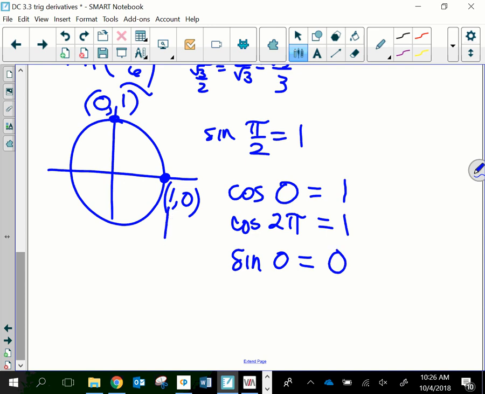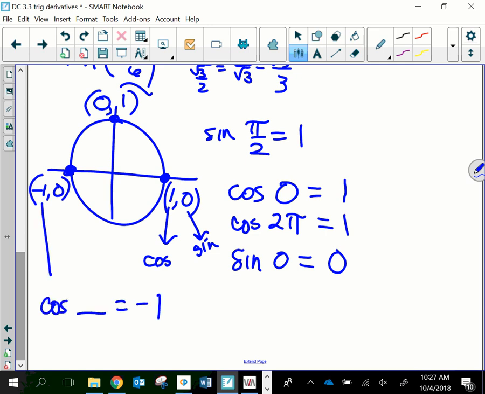Because, remember, cosine and sine in that order, alphabetical, just like x and y is alphabetical when we were doing ordered pairs. Okay, what's the ordered pair for this guy? -1, 0. So the cosine of what is -1? Pi. That's 180 degrees.